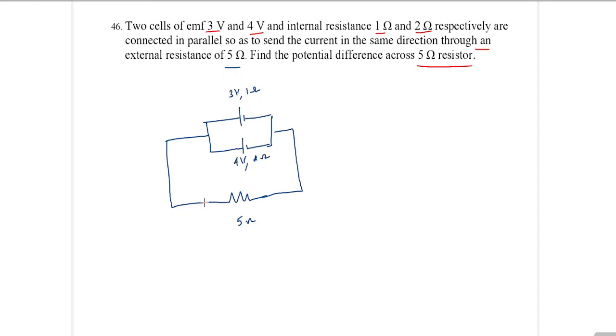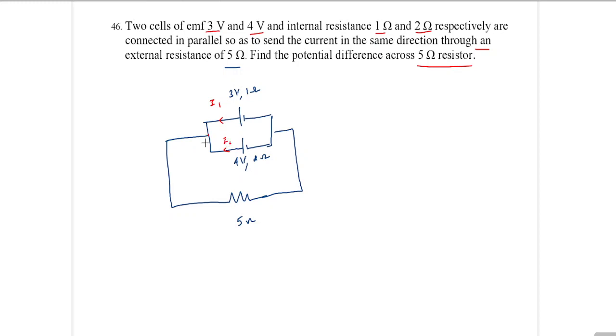Now we can do it in two ways. One way is to use direct formulas for parallel combination, or other is to use Kirchhoff's law, but using the formula would be easier. So here both the batteries give current, let us call this current I1, this is I2.